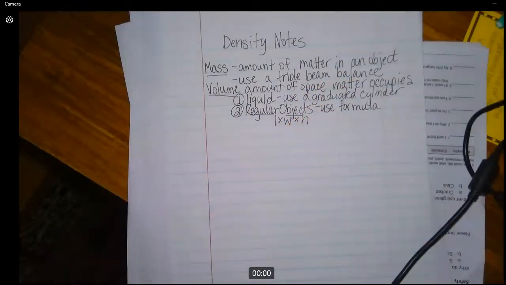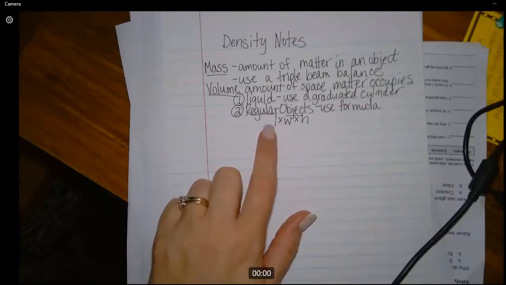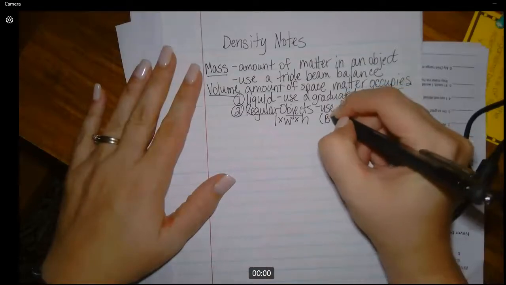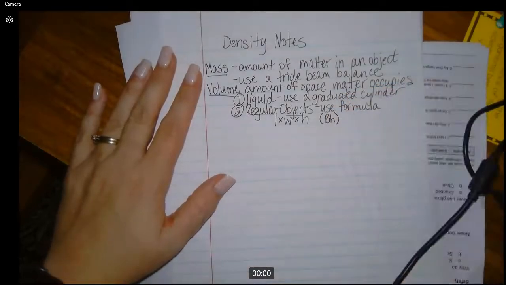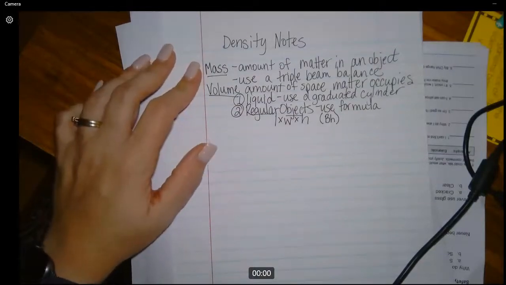When you get older, you will know some formulas for other shapes, such as a cylinder or a pyramid. But for now, the only thing you can find the volume of with a formula is a rectangular prism, which is length times width times height. This year in 6th grade, you're actually going to change this formula to a capital BH, which stands for the area of the base times the height, but you'll learn a little bit about that in math class. So for regular objects, you would just do length times width times height.